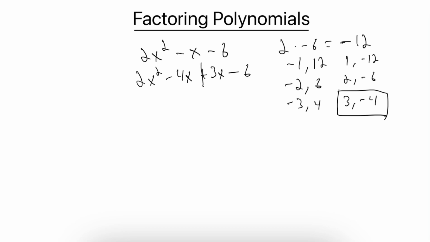Then we're going to group it along this line again. So we've got 2x squared minus 4x plus 3x minus 6. So we're going to look for a ratio between this one and this one. And it looks like x minus 2. So to make this side equal x minus 2, we're going to pull out 2x.